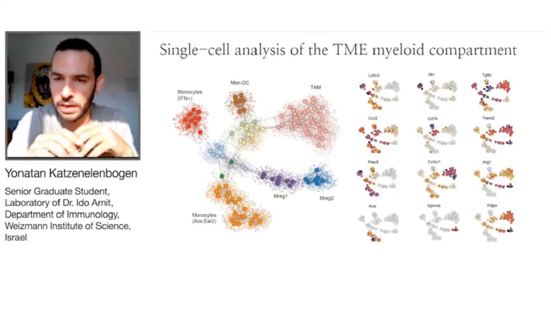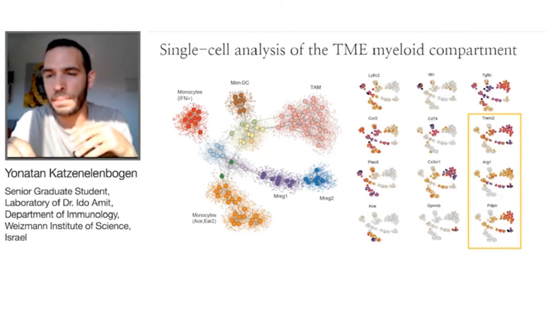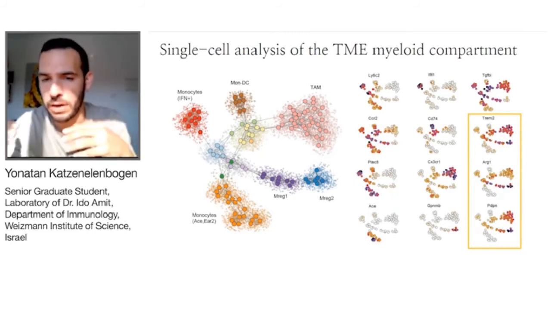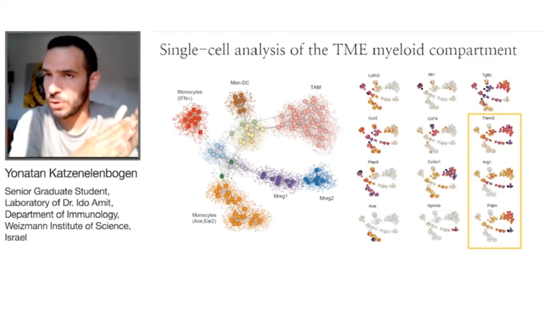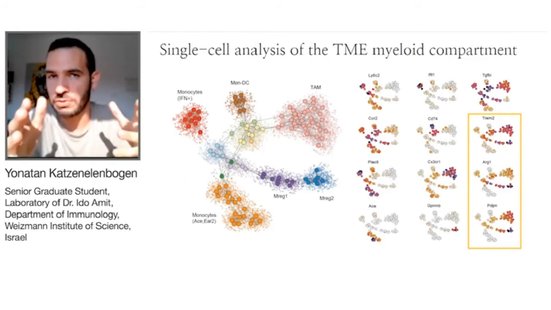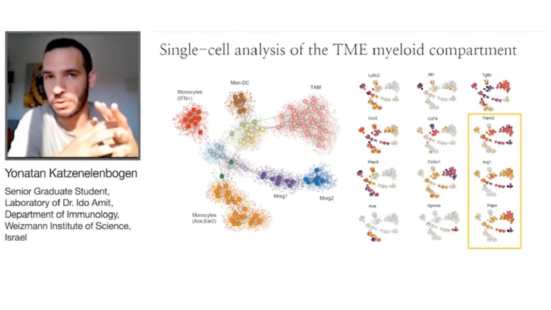I want to highlight two findings that we had there. One was the high correlation between ARG1 expression and TREM2 expression. TREM2 is a membrane protein, which is very interesting for us because we have encountered this protein before in Alzheimer's disease.